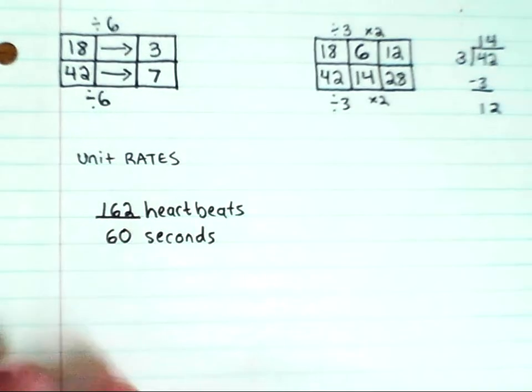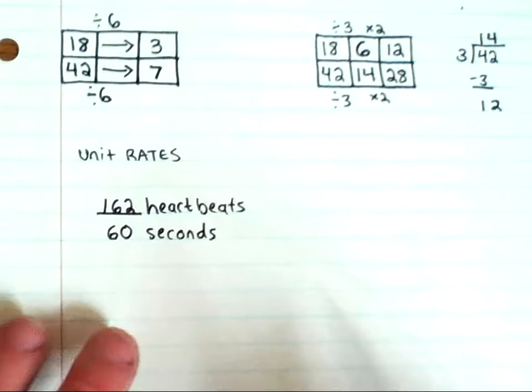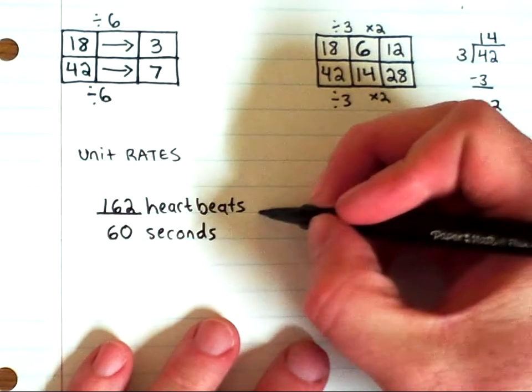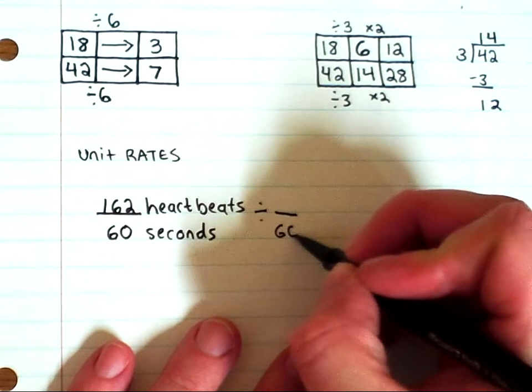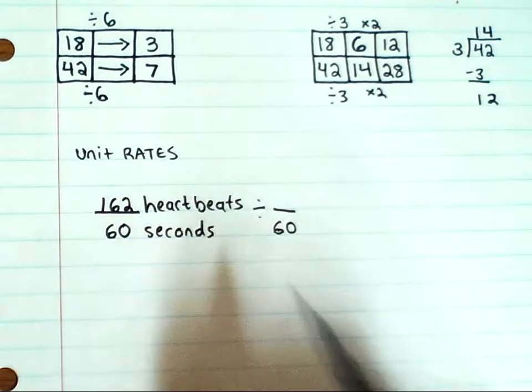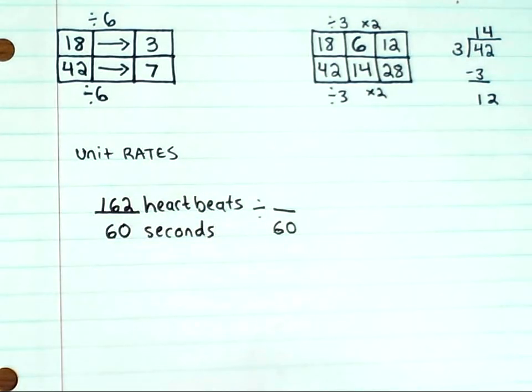Well, like I said, the goal of a unit rate is to get it per 1. It's not units rate, it's unit rate. So the goal is to make our divisor 1. So anytime you want your divisor to be 1, you just divide by that same number. A billion divided by a billion is 1. 0.48 divided by 0.48 is 1. Whatever.